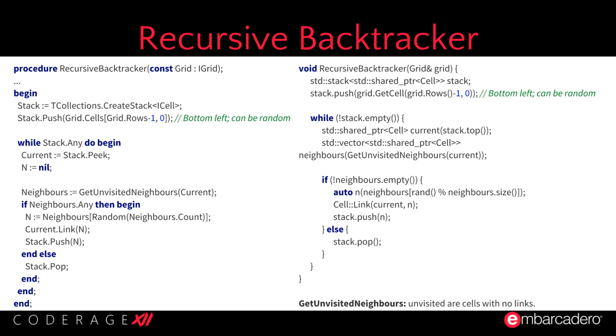I haven't included the method there for get unvisited neighbors, but it's simply a list of all the cells that have no links that are neighbors of the current cell. And if there are any unvisited neighbors, then it picks one randomly. It links to it, it pushes that on the stack. Otherwise, if it can't do that, then it needs to start backtracking, and it does that by popping the cell off the stack. And so that means next time it goes around the loop, it will be one further backwards.